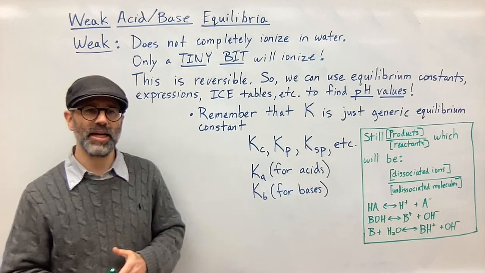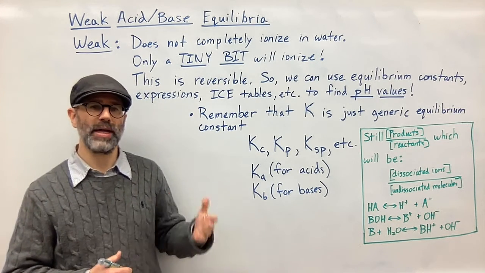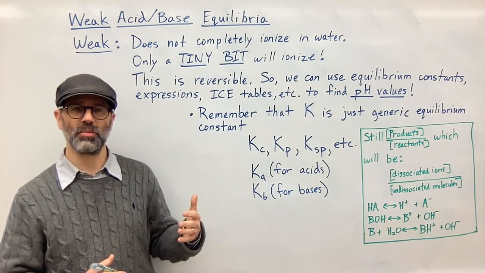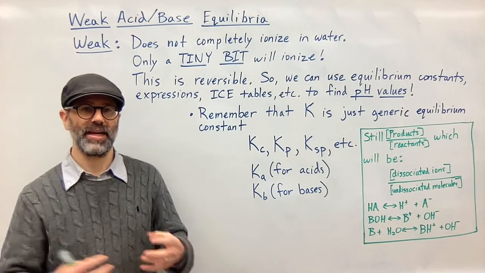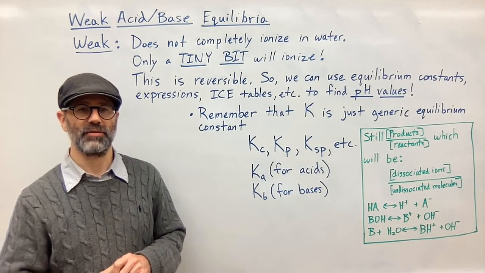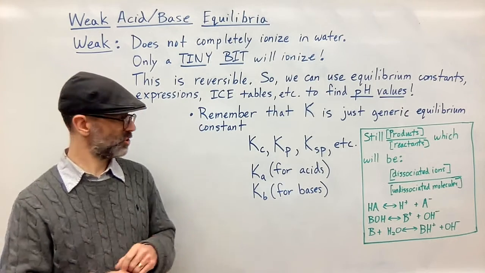So we have the same thing for acids and bases. If you have a weak acid, that's going to be at equilibrium between the unionized form and the ions that it breaks into or ionizes into.